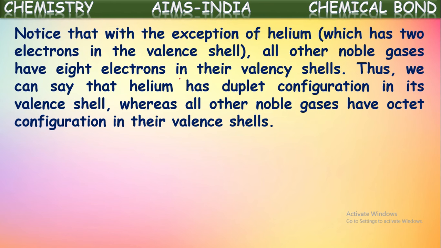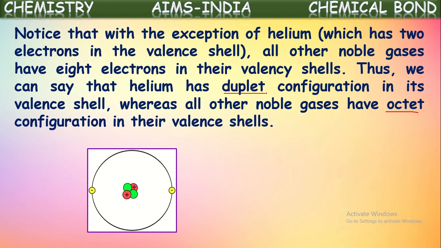Octet means having 8 electrons in the valence shell. That is called octet. Octa means 8, we know. Helium has duplet configuration, which means it has 2 electrons in its valence shell. It has only one shell that is filled with 2 electrons. That's called duplet configuration.